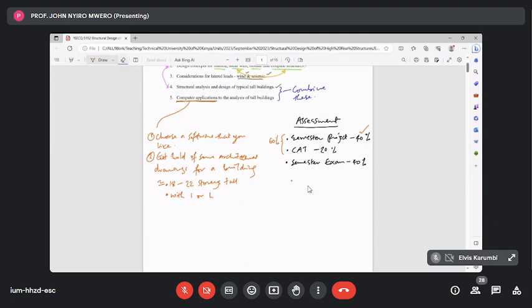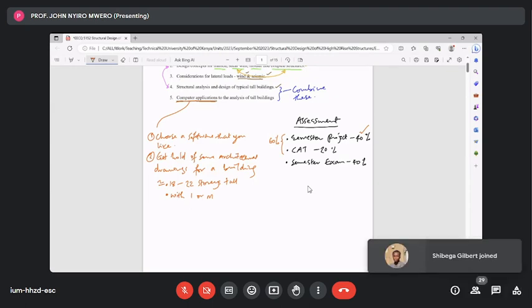One or more basements. Let me say one or more basements.